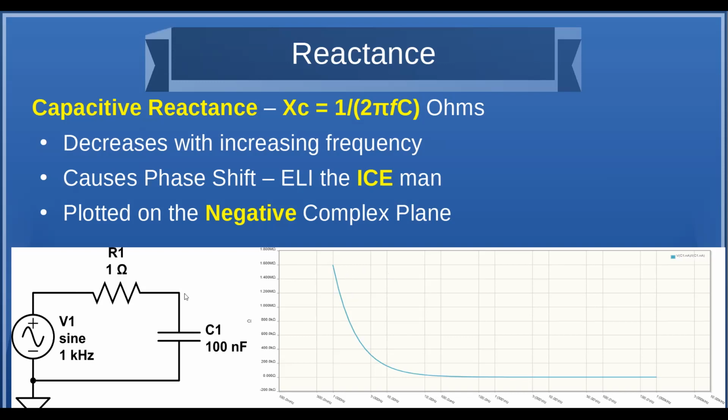If I applied it directly to the capacitor, I'd get an infinite current initially. As that capacitor charges, the current is going to decrease until after 5 time constants, as we talked about, it's going to be at 95% charge, and the current is going to be at around 5% of what it was.